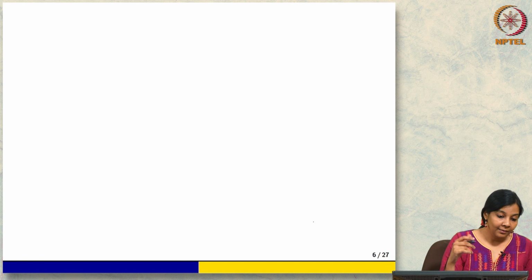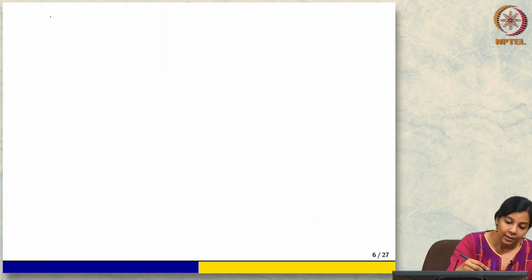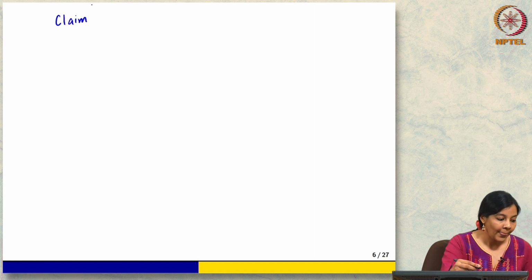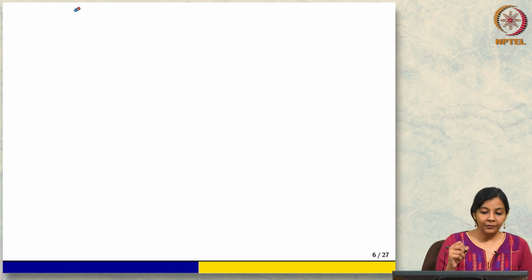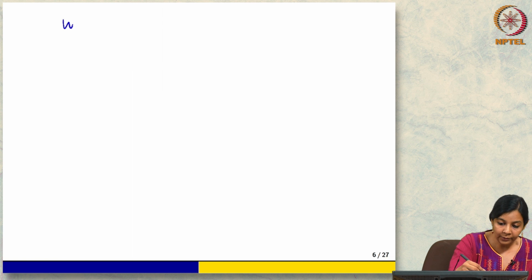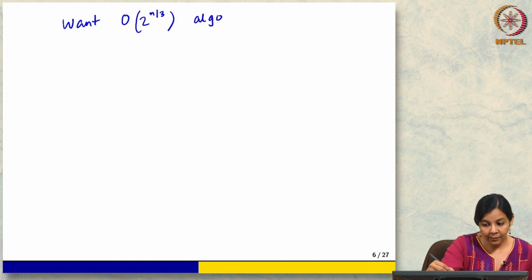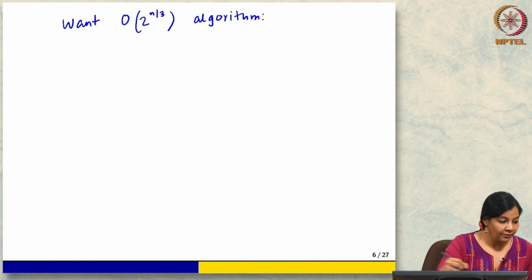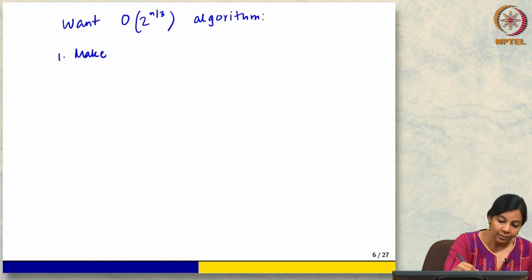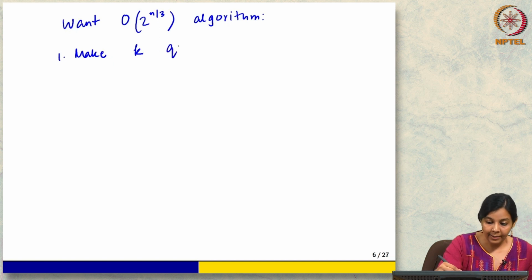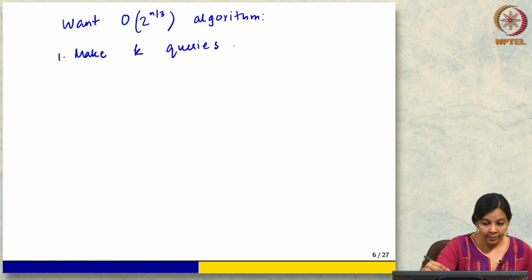There are still a few things to show. Even with this hand wavy geometric view, it is worthwhile spending a little bit of time. If I want an order 2 to the n by 3 algorithm, then what I do is the following. I make some k queries randomly to f.